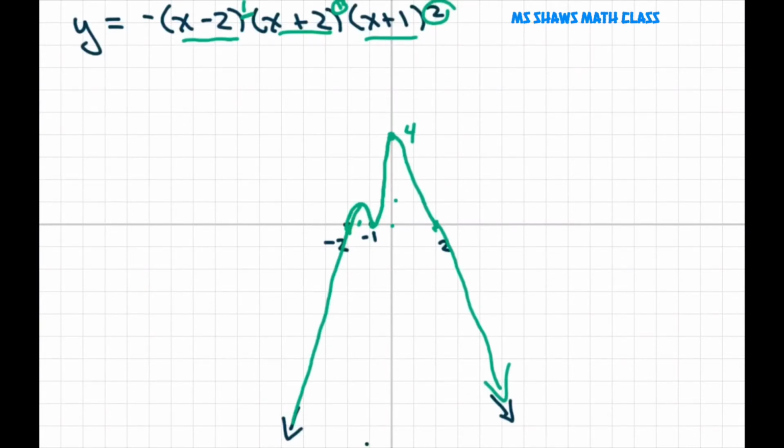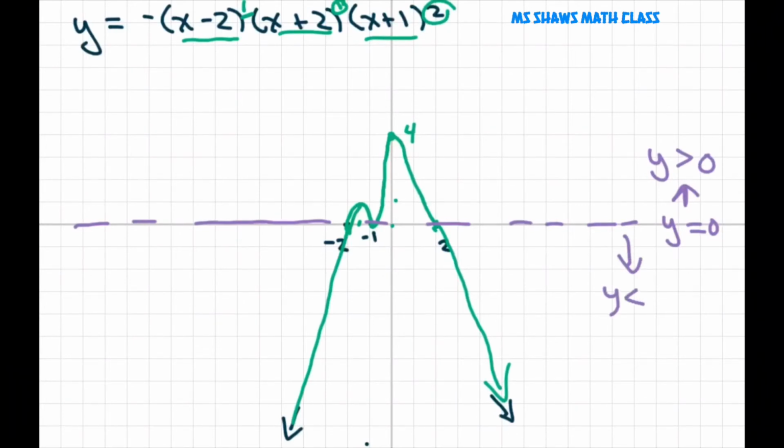Now the only thing else we have to do is see where the graph of f of x is positive, above the line, and where it is below the line y equals 0. So where is f of x positive? Well, it's positive right in here. That's where it's above the line y equals 0.